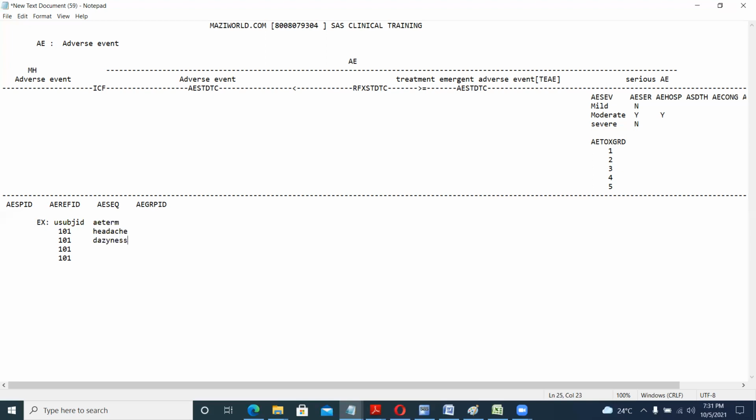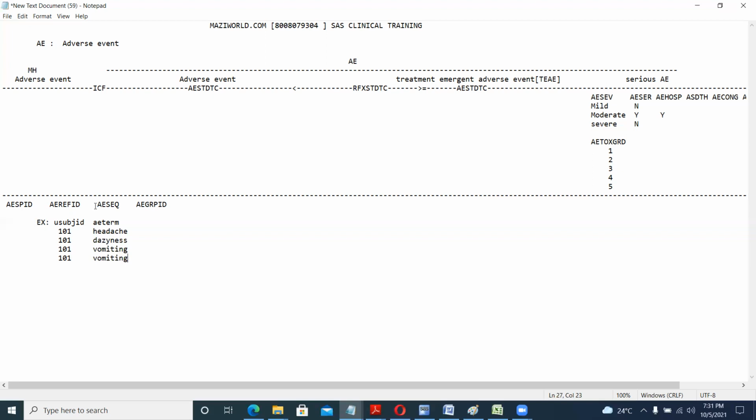And 101 has some vomiting, and at the same time the same patient has vomiting again. So now subject 101 has a total of 4 adverse events in the data. Whenever you open the data, you come across that there are 4 adverse events.